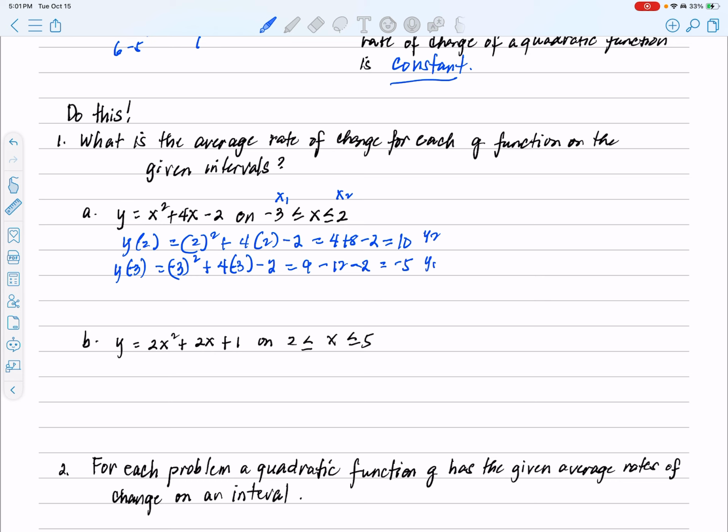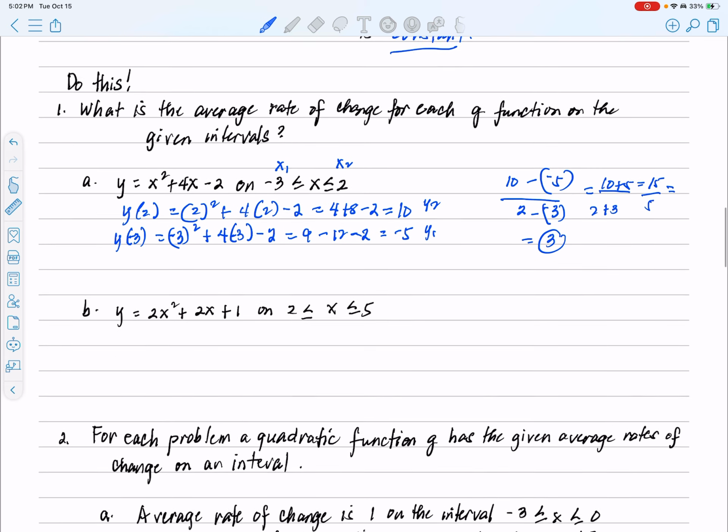So I have 10 minus a negative 5 over 2 minus a negative 3. So 10 plus 5 is 15 over 2 plus 3, which is 5. All right, and the value is 3. Okay. That is the average rate of change with the given intervals.